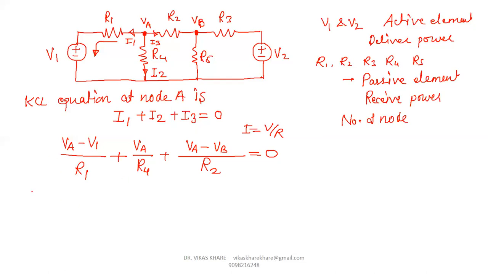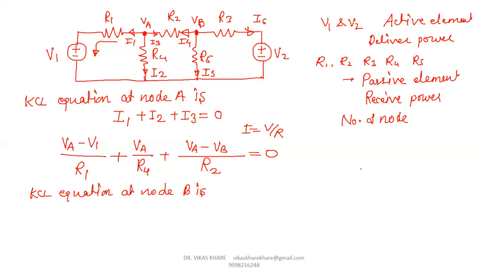Now the KCL equation at node B. Again, we consider the outgoing currents I4, I5, and I6.